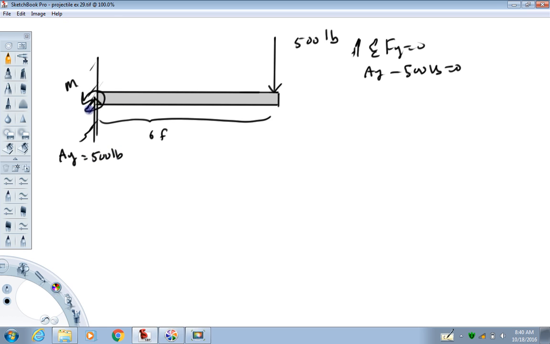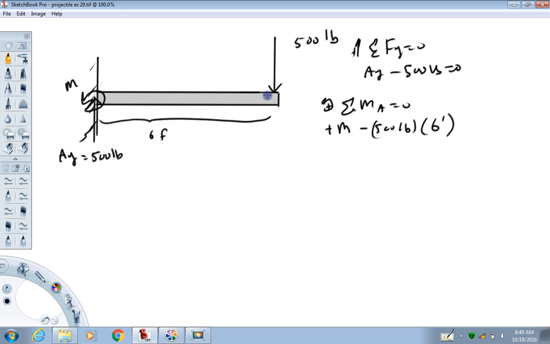And we can get the moment by summing moments about point A equals 0, counterclockwise positive. So we're going to have plus the moment applied at A. This force does not provide any moment about A because its line of action goes right through A. Then looking over here, we're going to have minus 500 pounds times 6 feet.